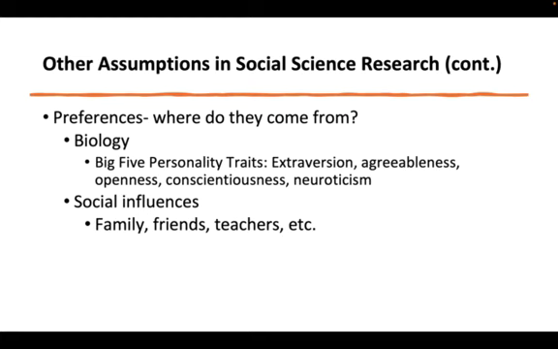We also have to consider, going back a slide or two, to think about preferences, right? We suggested that rational choice theorists will think of people as maximizing their preferences. Well, where do these preferences come from? Well, some of them come from biology. So, big five personality traits: extroversion, agreeableness, openness, conscientiousness, neuroticism.